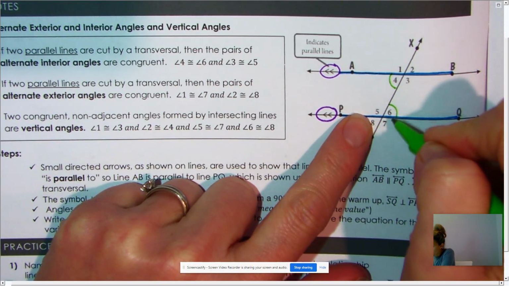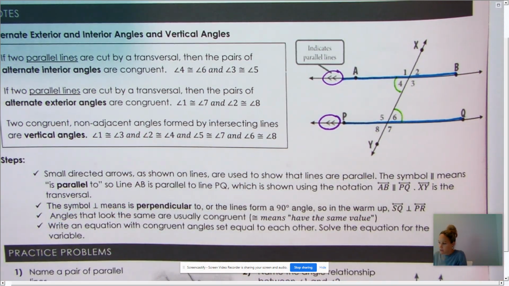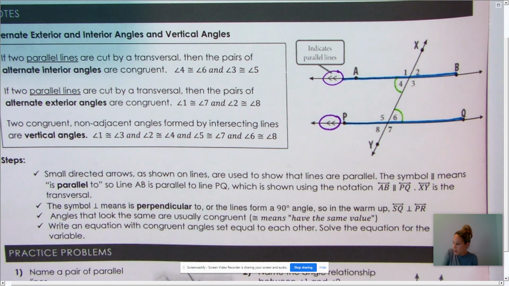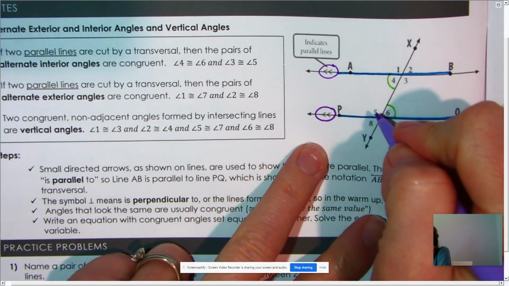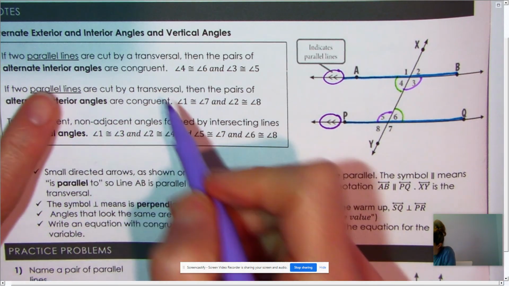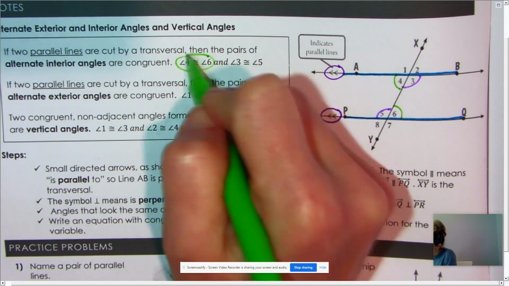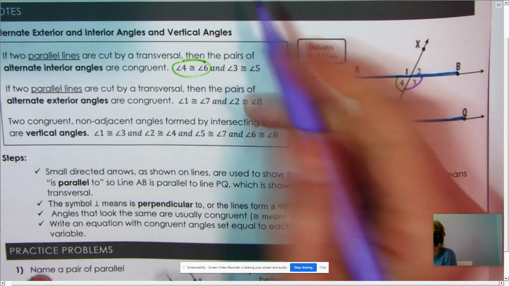One's up here, one's down here. They're alternate interior. Okay, and then the other set of alternate interior angles would be 3 and 5. So 4 and 6 you can see in green, and then 3 and 5 I did in purple.